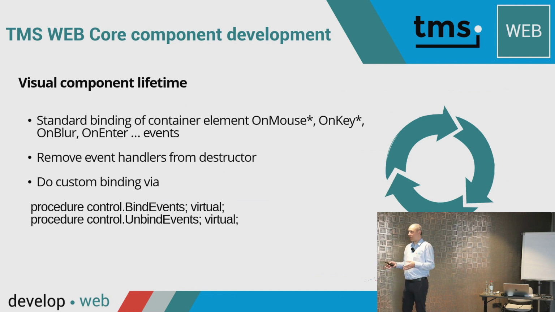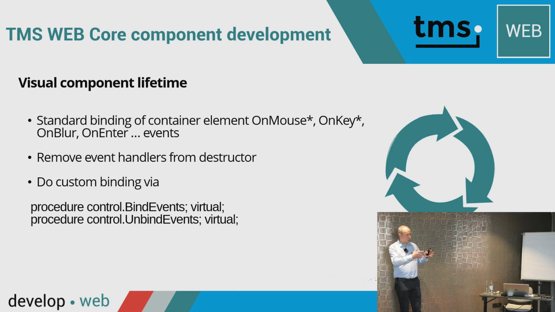And so that is something that is happening in the lifetime of your custom component. That is, okay, first get to the element, and then secondly, bind event handlers to that element.